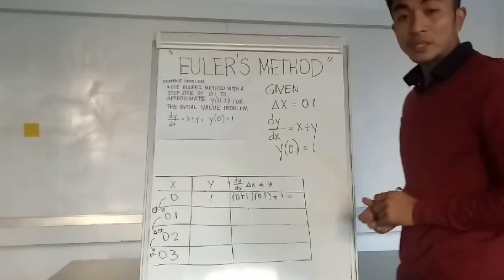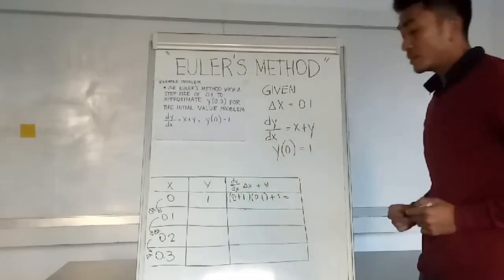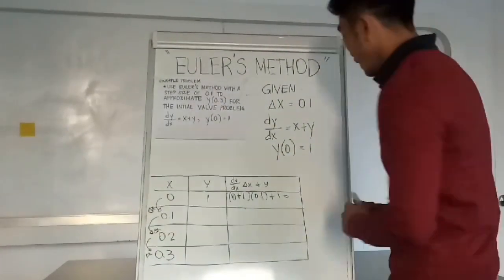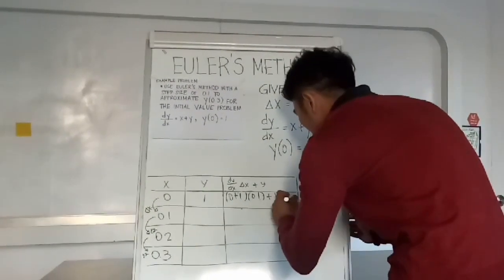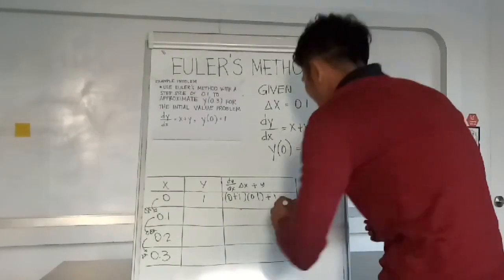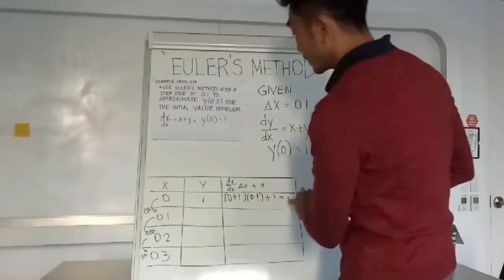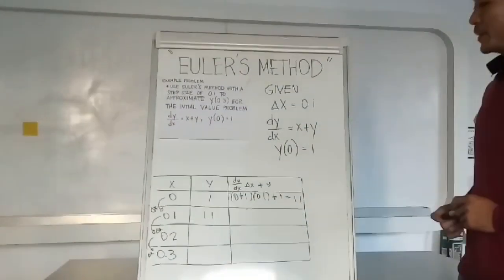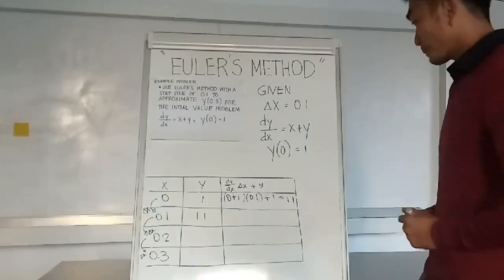So 0 plus 1 is 1, times the step size 0.1, plus the current y value 1, gives 1.1. So when x is equal to 0.1, y is equal to 1.1.